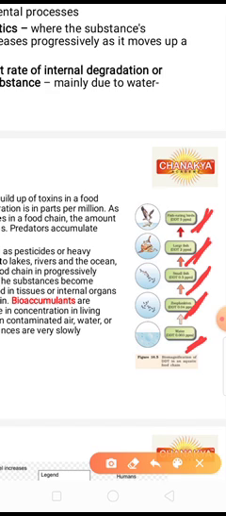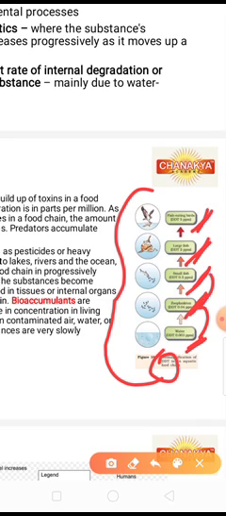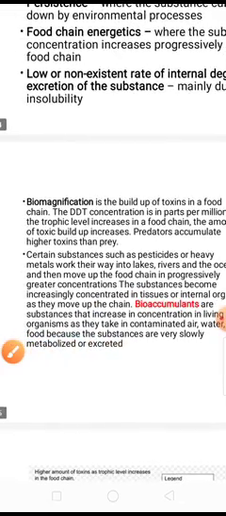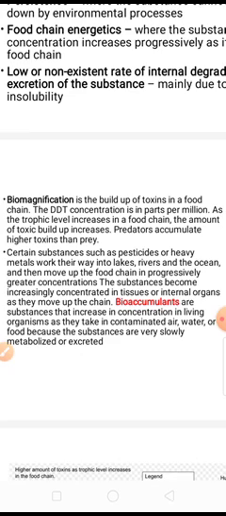So you can clearly see that this is an example of biomagnification, where the toxin called DDT gets magnified, gets amplified when moving to successive trophic levels, from the first trophic level to the second, from the second to further trophic levels. So biomagnification is the buildup of toxin in a food chain.